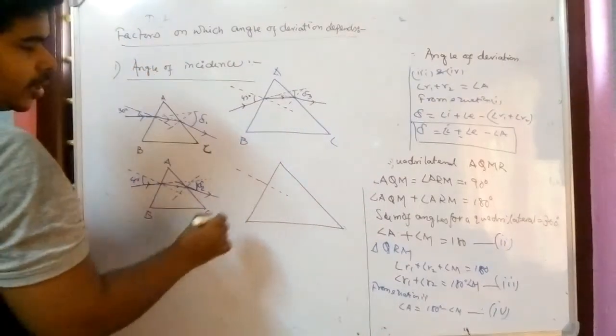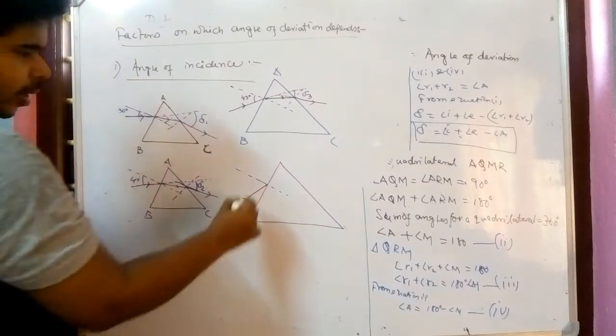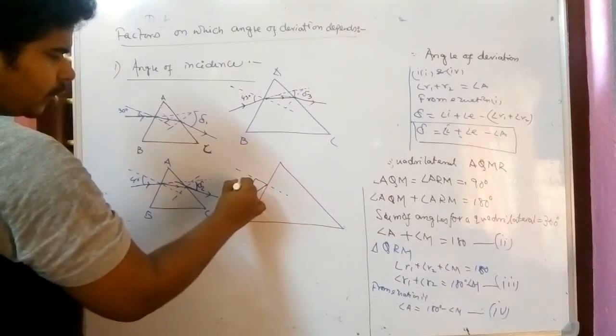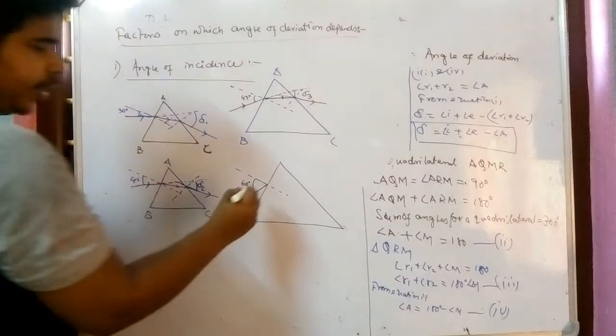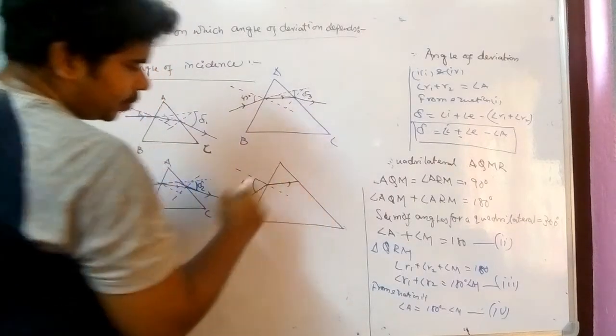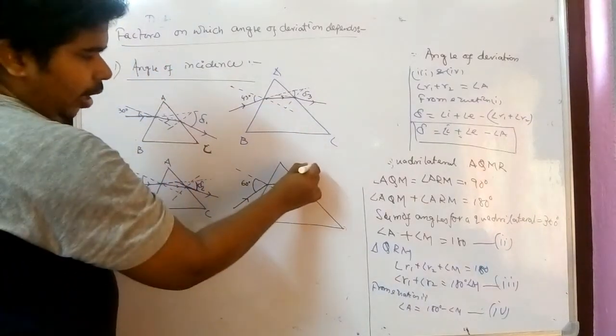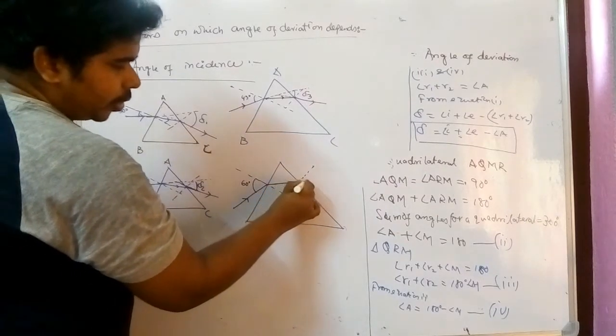We have to increase the angle of incidence more, like this. This one is almost 60 degrees. Here it will deviate this way, and if I draw another normal here, it will travel by this path.